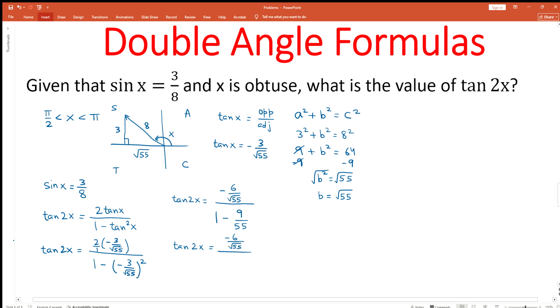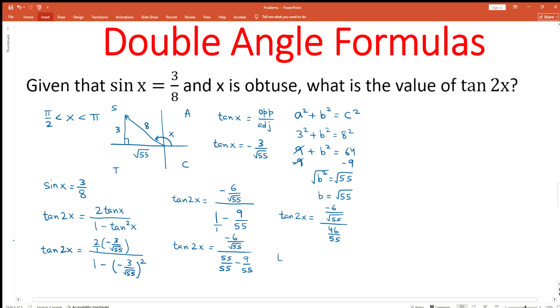The denominator of 1 is 1. The common denominator is 55. I get 55 over 55 minus 9 over 55. In the denominator, I get 46 over 55.